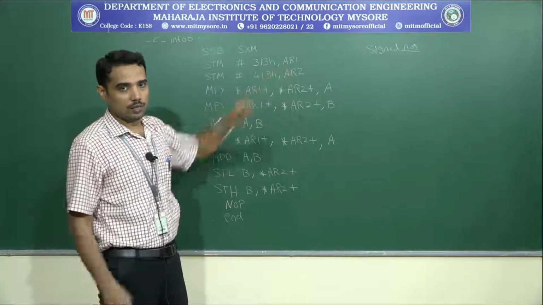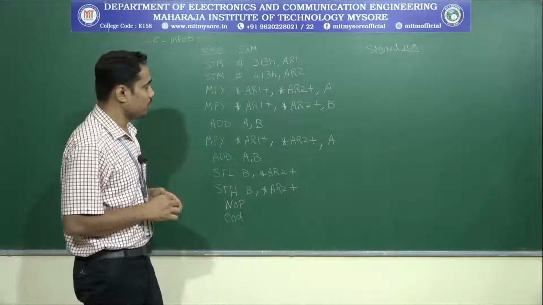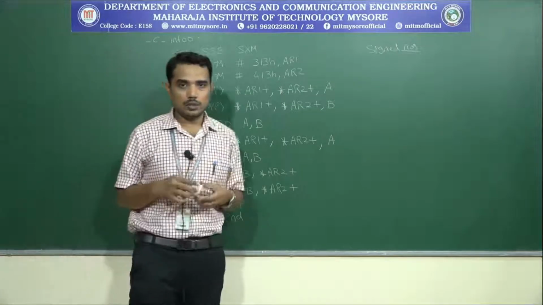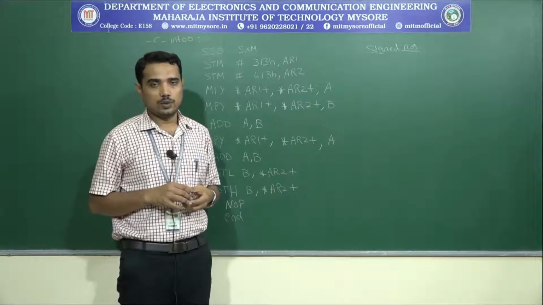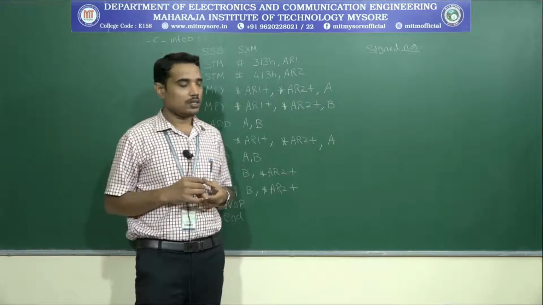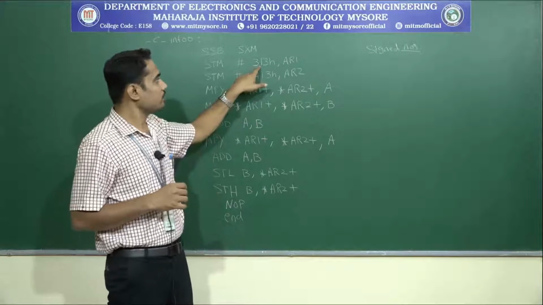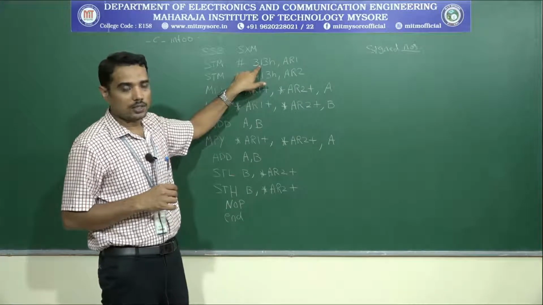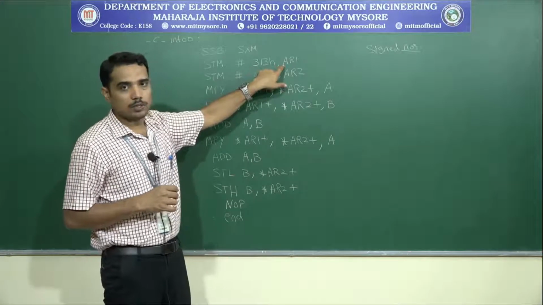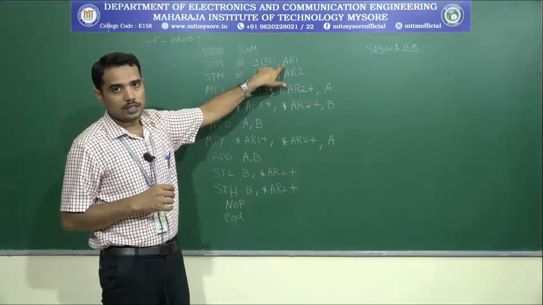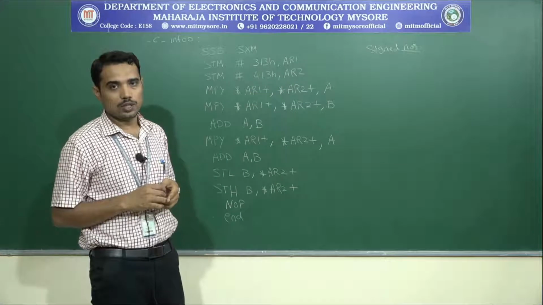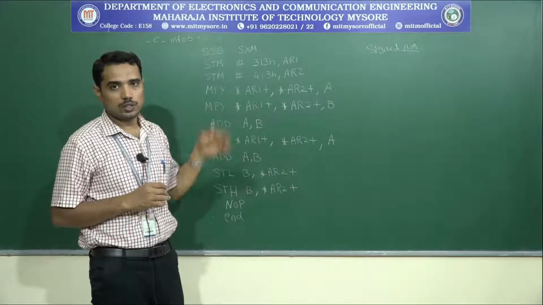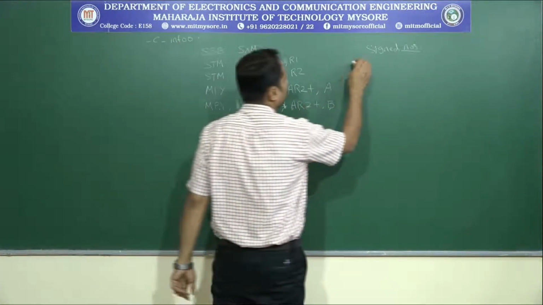STM #313H, AR1. As I said before, in order to store the coefficient values, that is H0, H1 and H2, in successive memory locations, we are making use of the starting memory address 313H with respect to the auxiliary register AR1. Now AR1 is pointing to 313 to store the coefficient values.